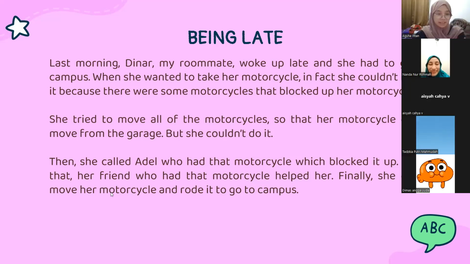Taskia, are you still with me? Yes, Miss. Can you please identify the generic structure of this simple text? Remember, there are 3 generic structures of recount text: orientation, events, and reorientation. Which are those? The orientation is the first paragraph, Miss. Is it correct?